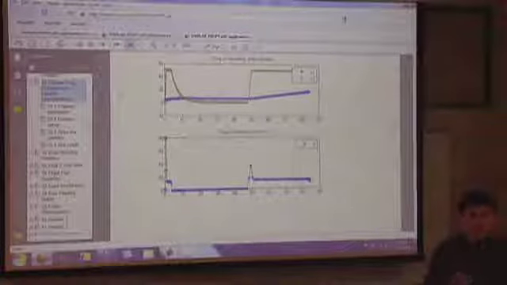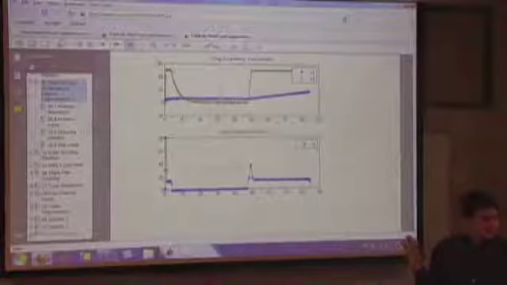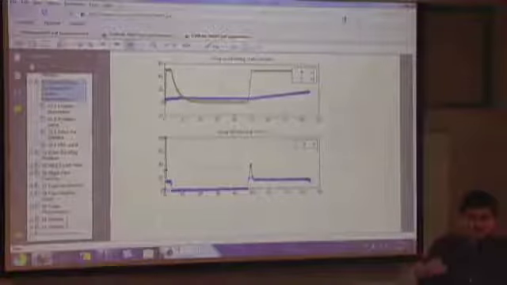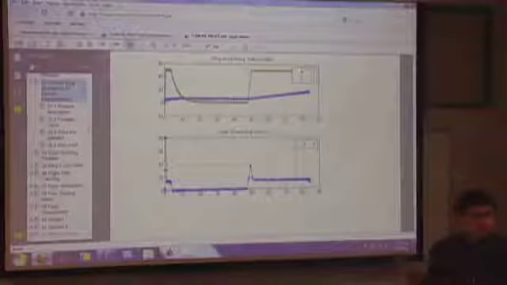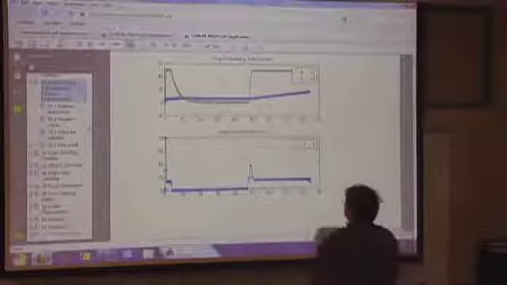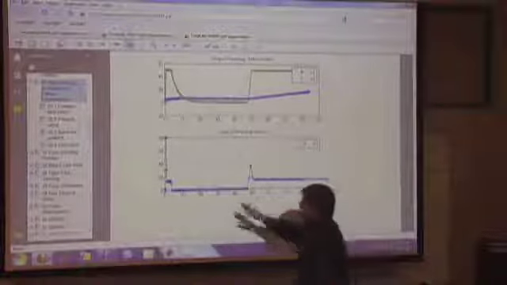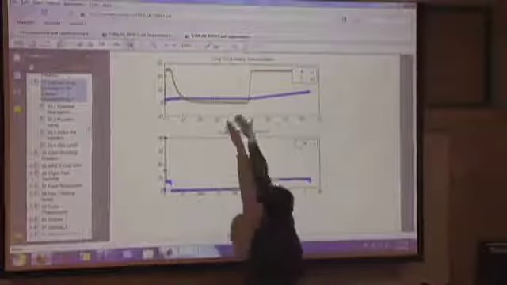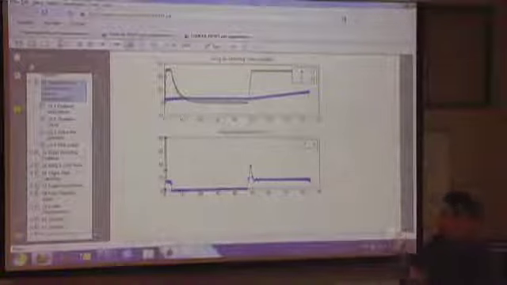I want you to appreciate how non-trivial this is. Like how impossible it is to guess something like this. I mean, you can have the best intuition in the world. It would be absolutely impossible to guess an optimal control strategy. And by the way, this is u, and this is the corresponding x1, x2, and they don't plot x3, right?